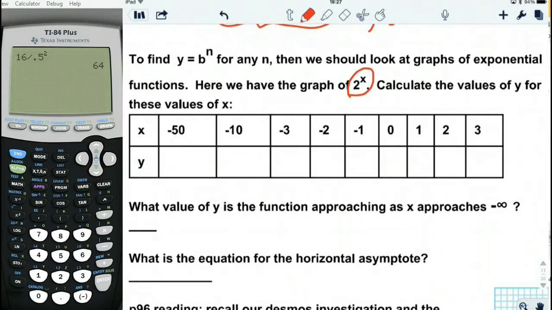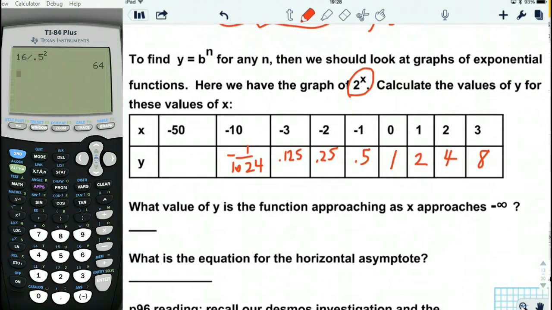Some of these we can do by hand, right? 2 to the 0, of course, is always 1. 2 to the 1 is 2. 2 squared is 4. 2 to the third is 8. 2 to the negative 1 is 0.5. 2 to the negative 2 is 1/4, so it's 0.25. 2 to the negative 3 is 1 over 8, so that would be 0.125. 2 to the negative 10 would be 1 over 1024.